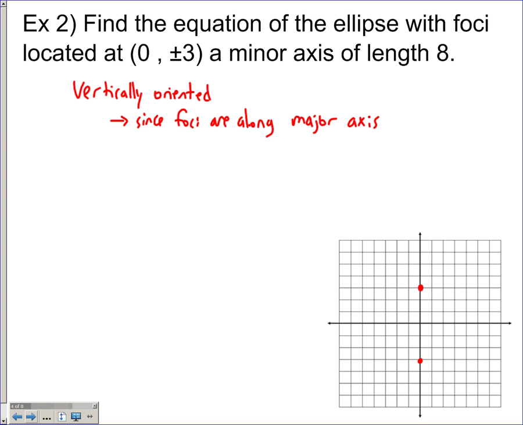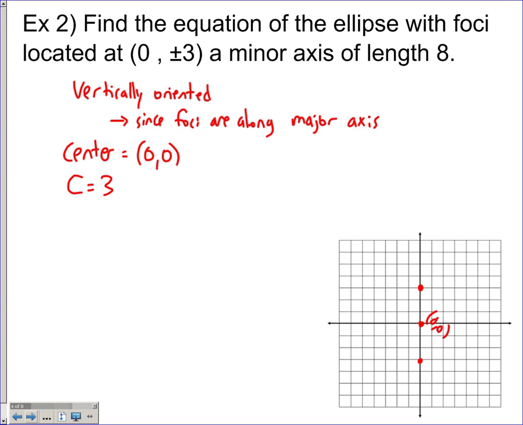I also know my center is 0, 0, because that's right in the middle. Based on where the focus above is located, it's a distance of 3 up or 3 down. So I know my c value is equal to 3.